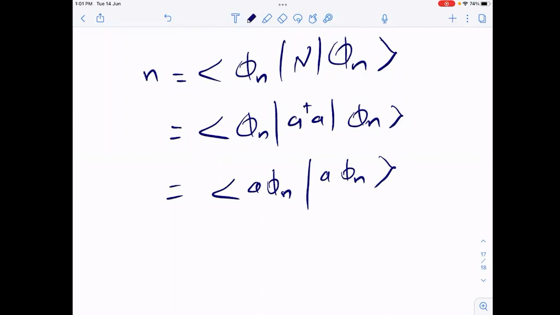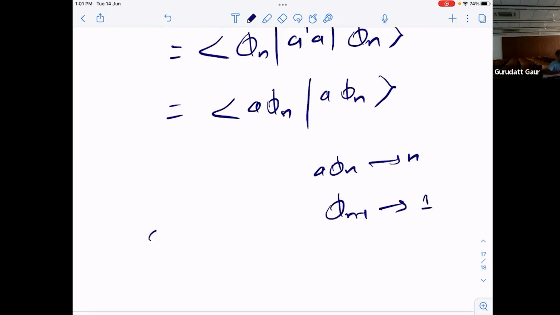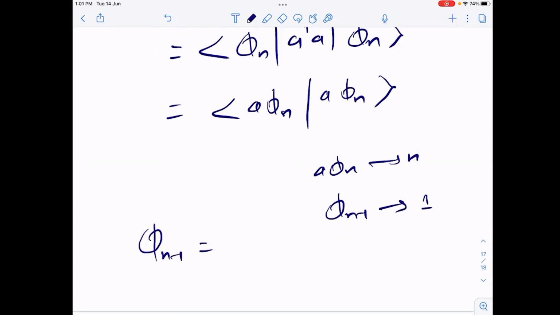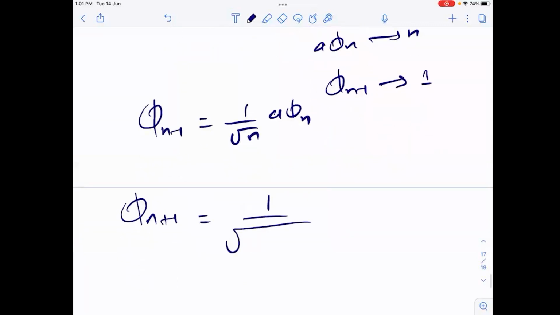And similarly, if a phi n is normalized to n, then eigenvector phi n minus 1 is normalized to 1. Sorry, plus 1. So it will follow that phi n minus 1 will be 1 upon root n, a phi n, and phi n plus 1 will be 1 upon root n plus 1, a dagger phi n, annihilation and creation.